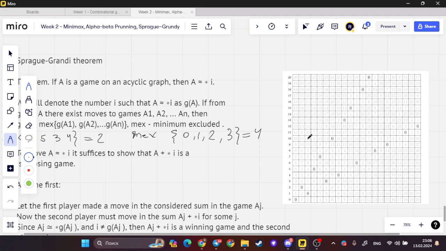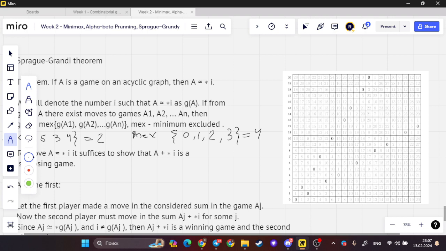For example, how do we calculate it for this state? We have now 1, 2, 3, 4, 5, and so on. According to this theorem, we will have 18 in this state.